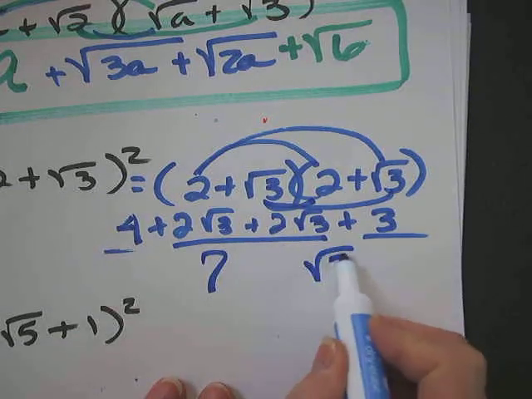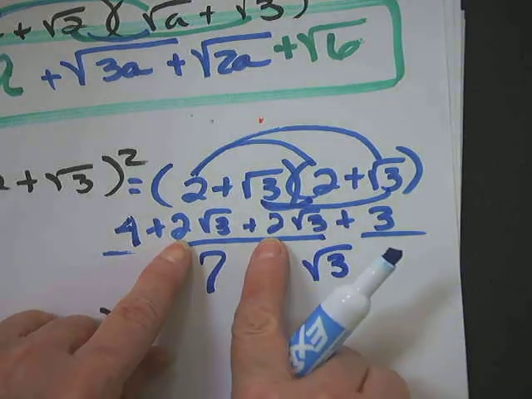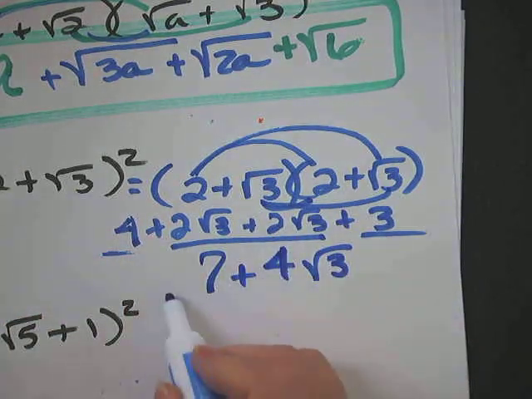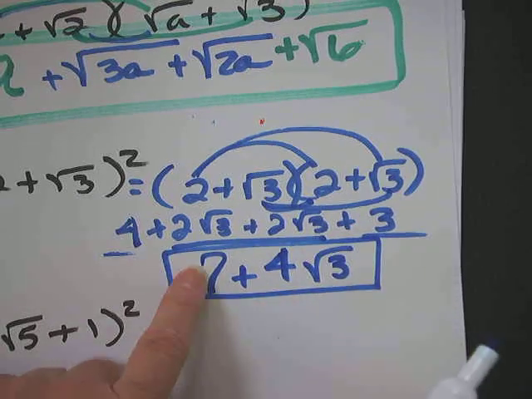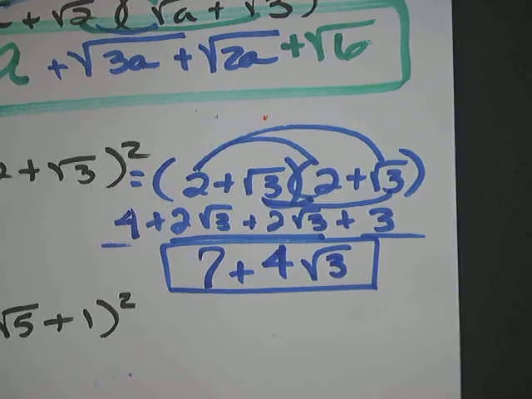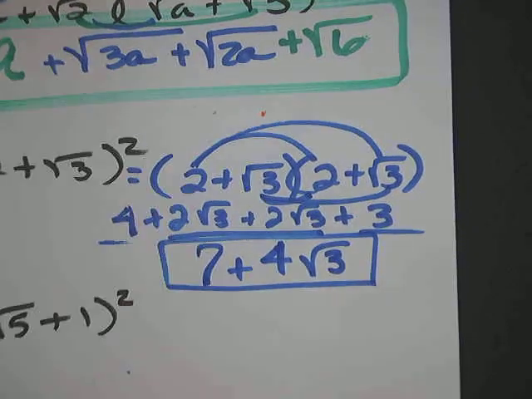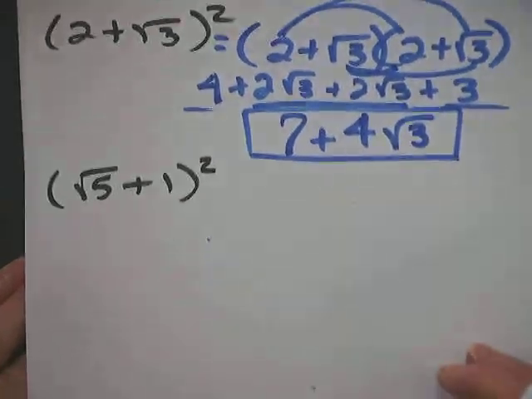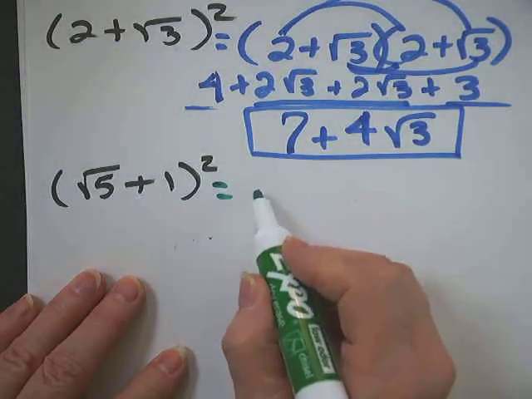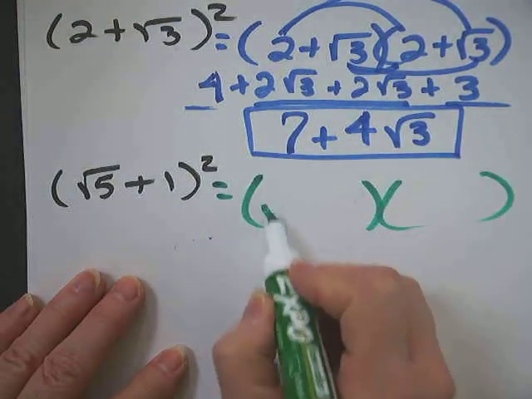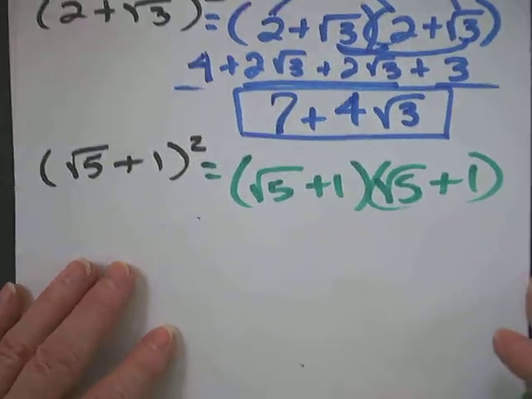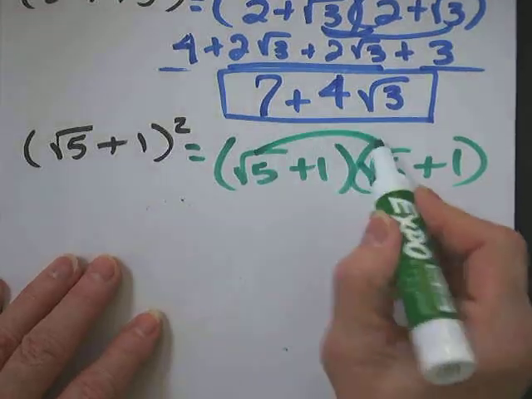Okay, what about when it says squared up here? That means we have to write it twice and FOIL it. So we're going to have 2 plus square root of 3 times 2 plus square root of 3. Okay, so we're going to FOIL it. 2 times 2, 4. Wake up. Outside, plus 2 square root of 3.